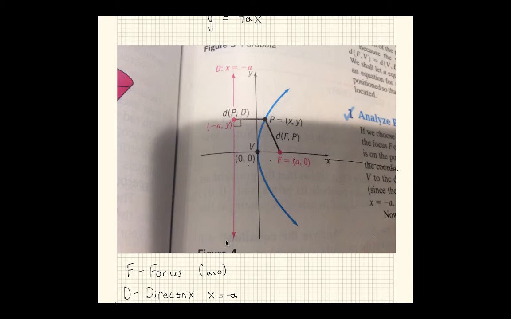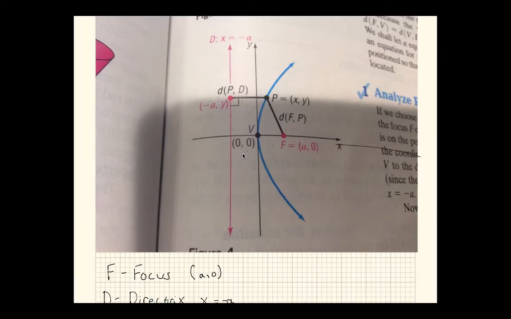Now, what these things are is that this point and this line, you can choose any point on your parabola. Say I choose a point here. This distance here from the focus to this point is always the same as the distance from this point to the line, the directrix. The same is true for this point here.